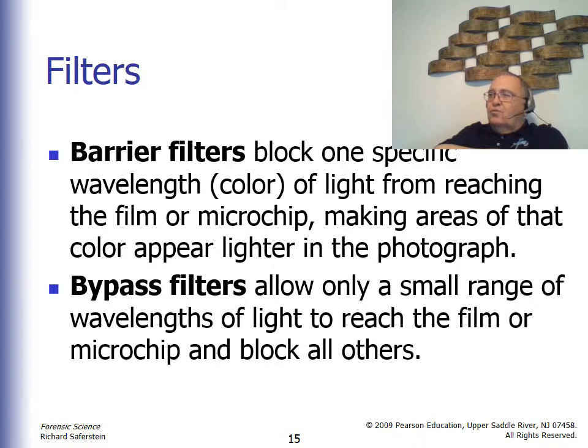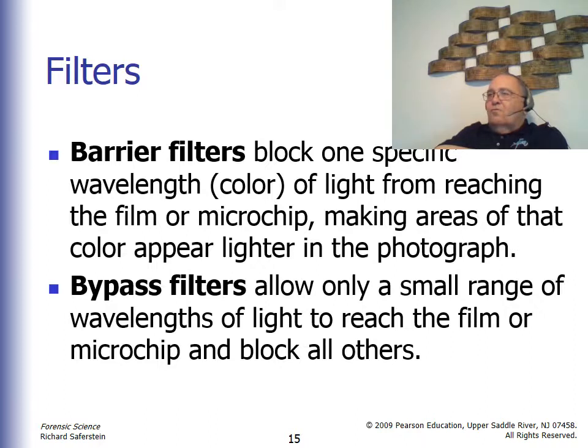There are filters that reduce the amount of light coming into a camera because it's so bright outside, or if you're doing photographs around sandy beaches with water or ocean.